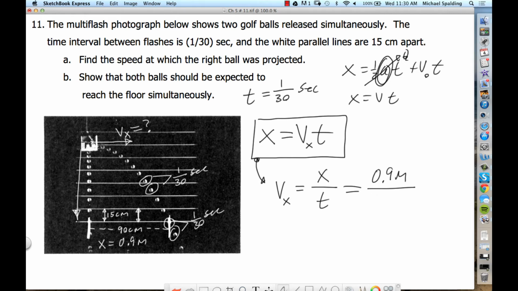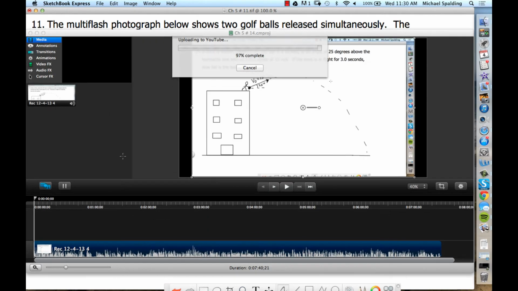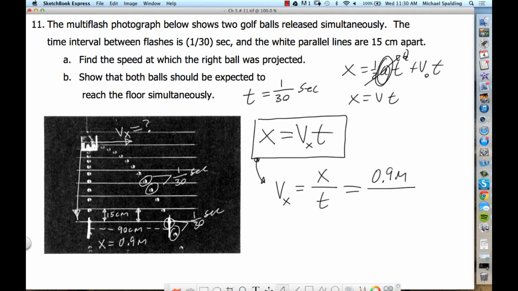So start up here, let's count them. So we got one right there. 1, 2, 3, 4, 5, 6, 7, 8, 9, 10, 11, 12, 13. So we have 13 photos. What's the time for one photo? 1/30th of a second.